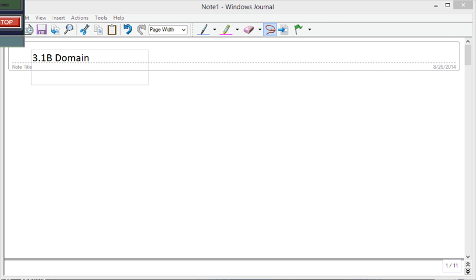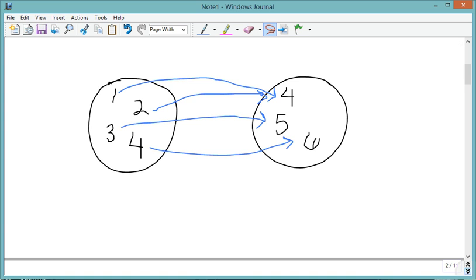Okay, so when we are talking about a function, we defined it as taking the items in a set and making a relation with another set, right? The first set, where we assign each item a certain value in the second set, that's the domain.